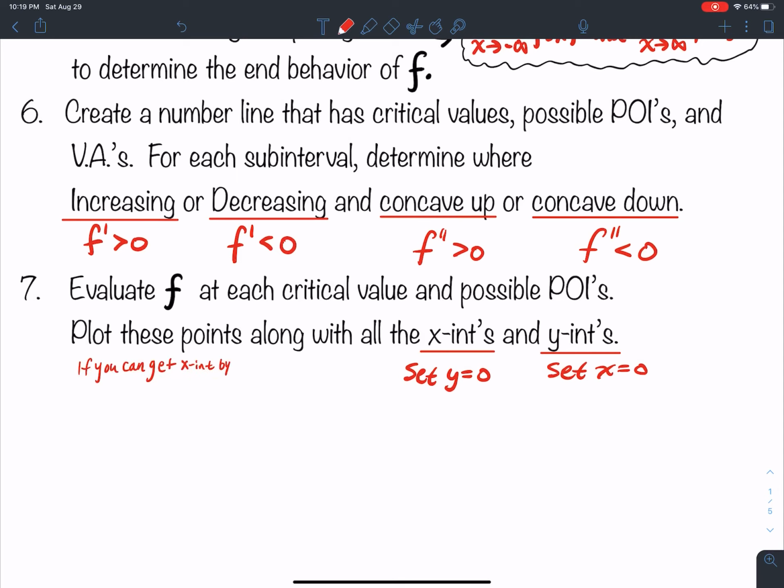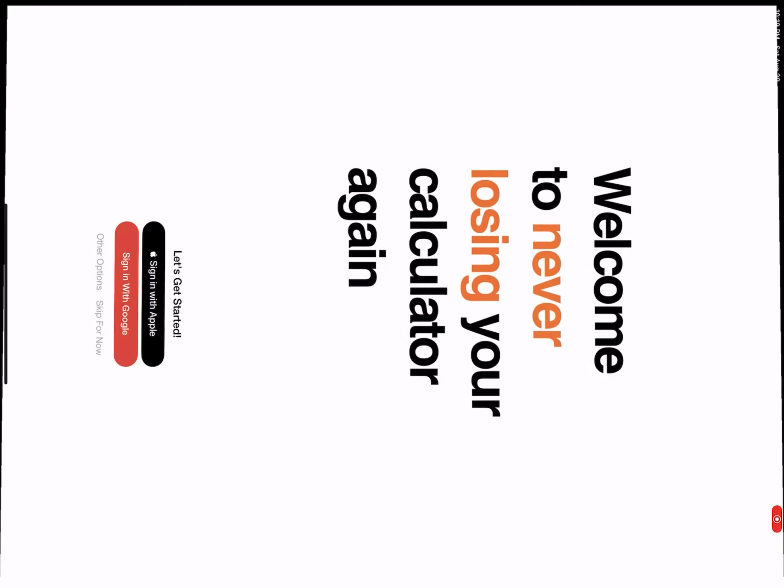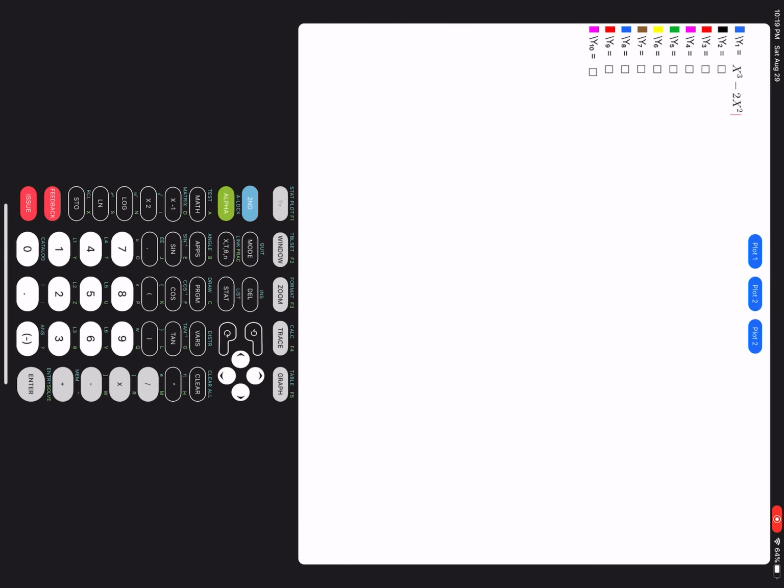All right, if you can get the x-intercept by factoring or by quadratic formula, that's great, okay? If you can't do it by using quadratic formula or factoring, then just use your calculator and find the 0. Just to give you an example here, say you had some weird function, like ln x plus x.